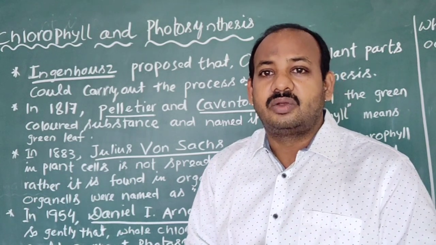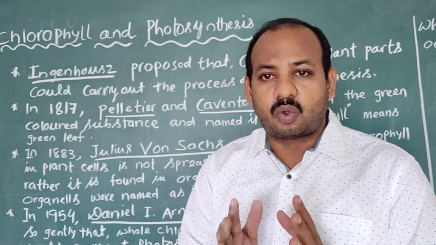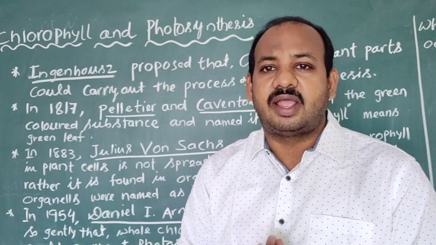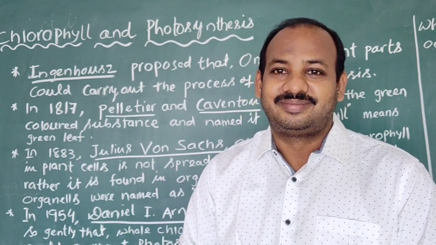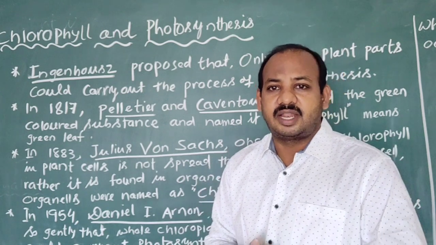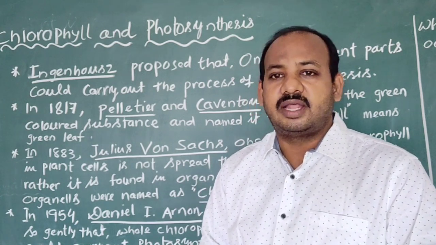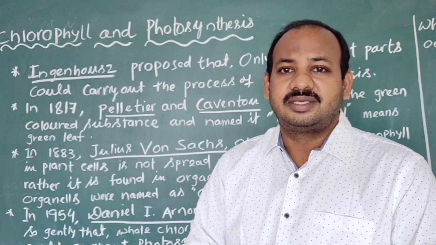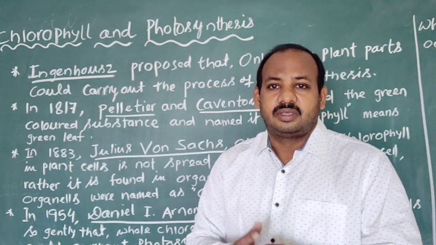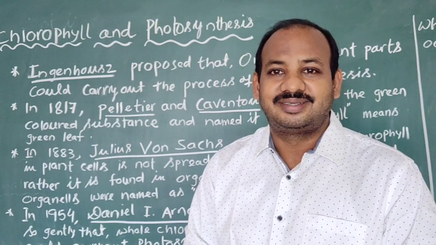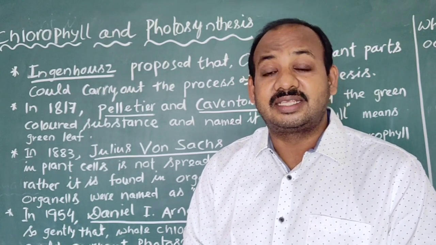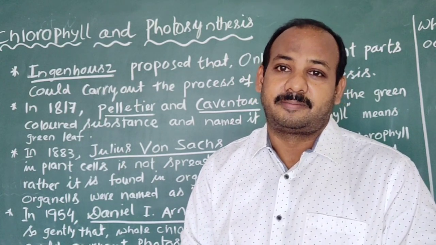So now we are going to discuss chlorophyll, which is an internal factor required for photosynthesis. In the previous class, we came to know that Ingenhousz experimentally proved that sunlight is necessary for photosynthesis.